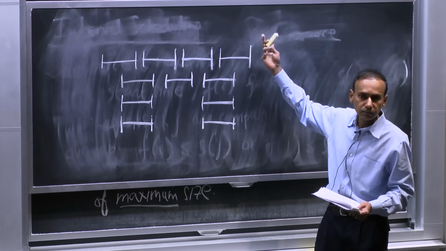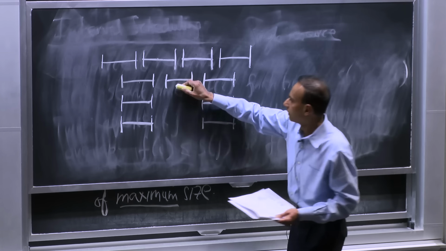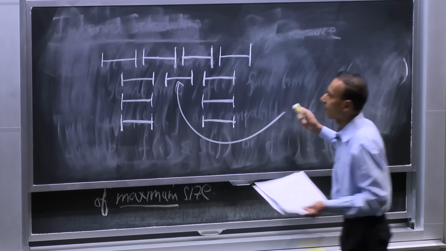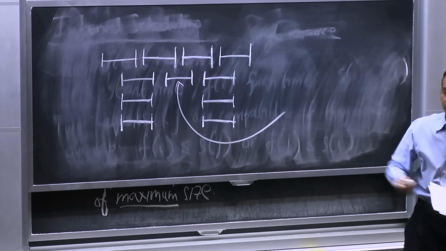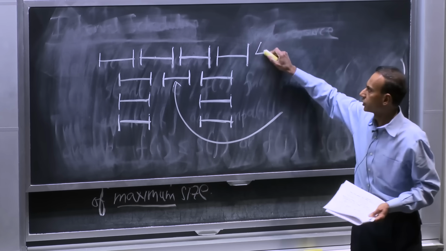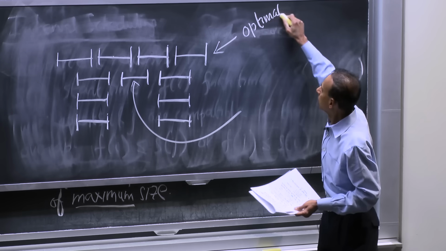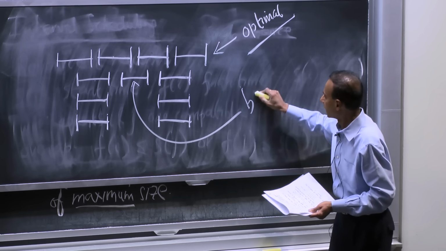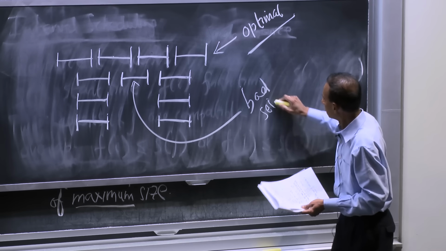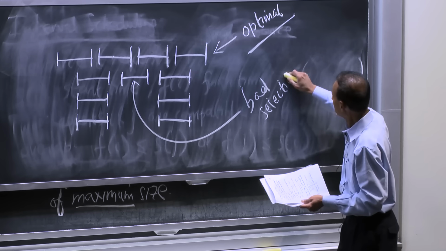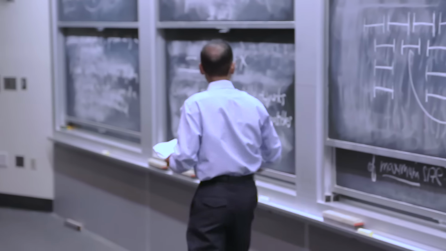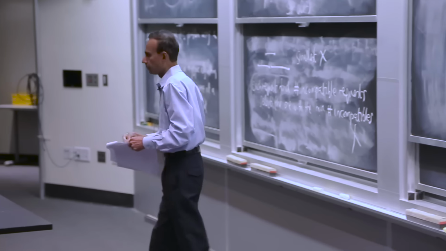Which is the minimum? The one in here, right? But what happens if you select that? Well, clearly you don't get this solution, which is optimal, right? The one on top. So this is a bad selection. So this doesn't work either. Okay, there you go.